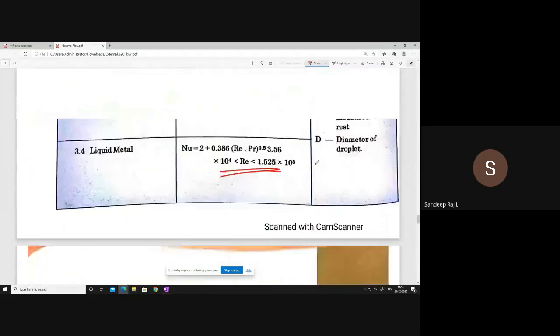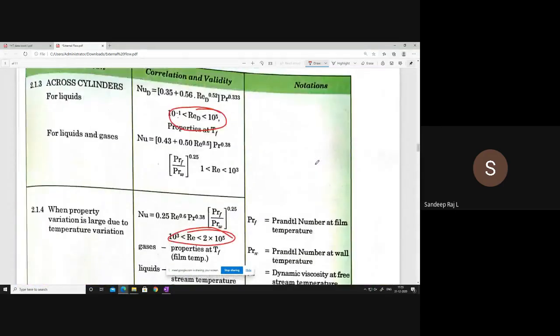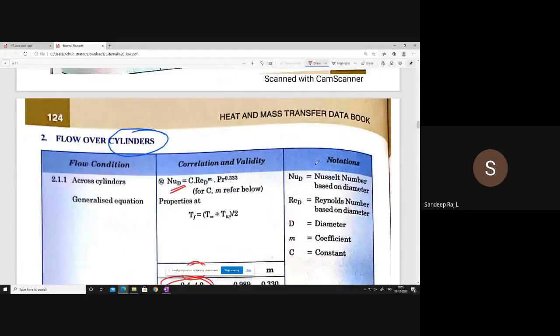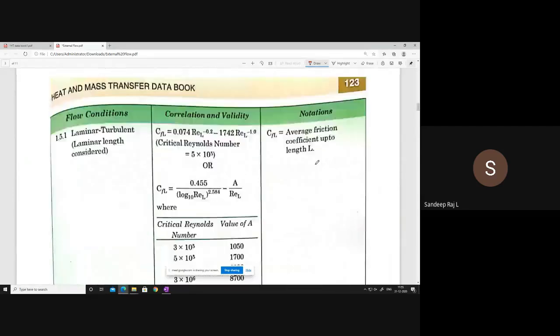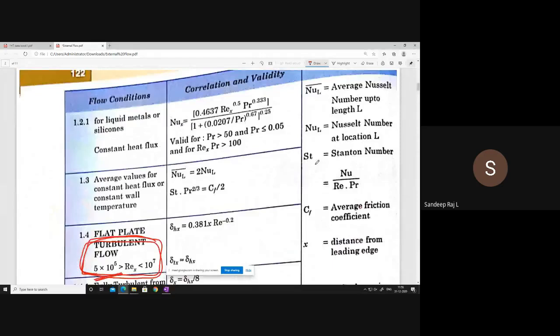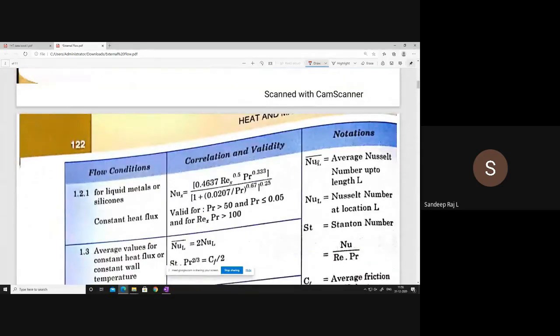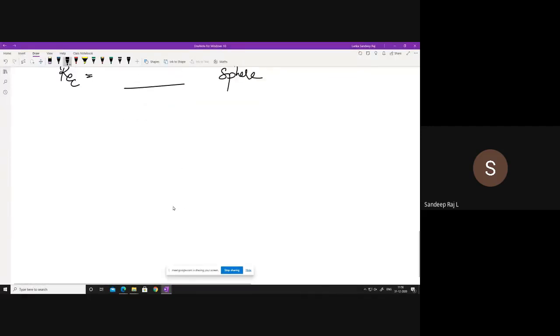Likewise, you can keep seeing for all the cases in a given problem. But most of the time the case will be of a flat plate, so I'll give more concentration to the flat plate case in our explanation. So remember this 5 into 10 to the power of 5 clearly, and write these values for yourself.